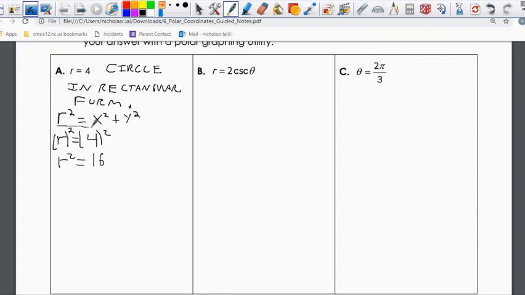And if r squared is equal to x squared plus y squared, we can make the substitution that x squared plus y squared is equal to 16. So it's a circle. So this is a circle. Center 0, 0 with a radius of 4.